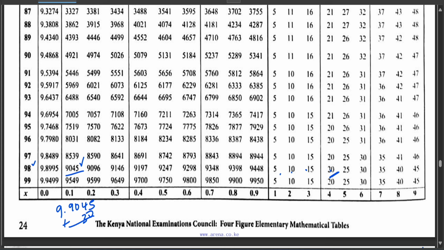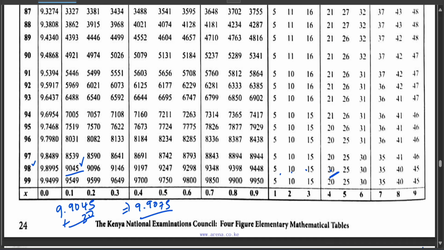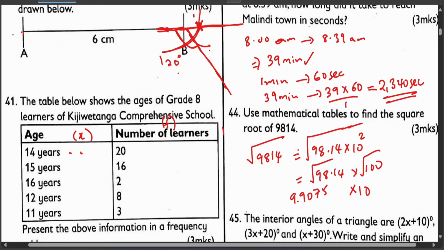So it should give you 9.9075. So the square root of that is 9.9075. Yeah, 9.9075.